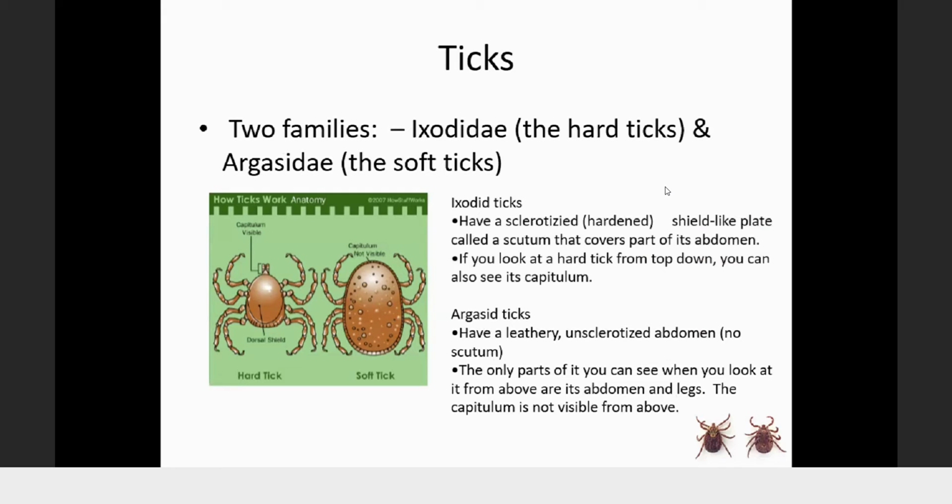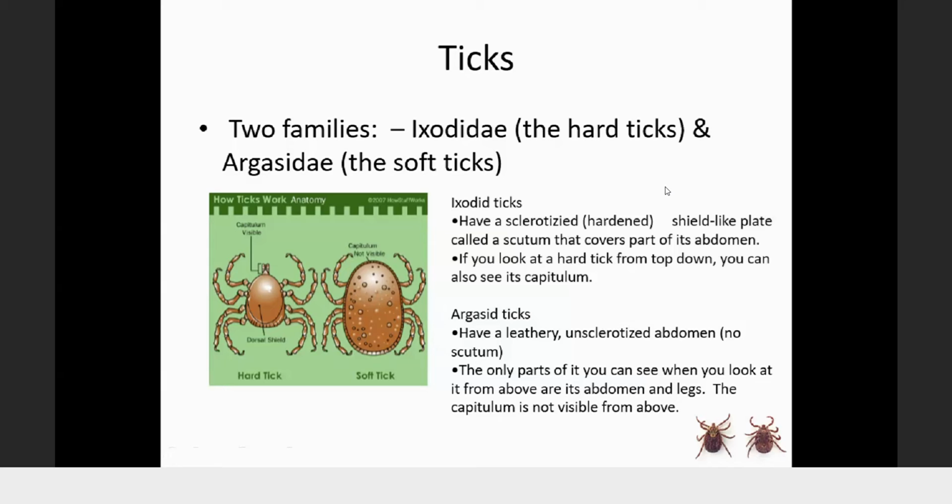Okay, these two families, Ixodid and Argasid, are quite different in their morphology. As you know, the hard ticks are hardened. They have a scutum on top of the body that covers part of the abdomen, while Argasid have a leathery and uncharacterized abdomen, which has no scutum.